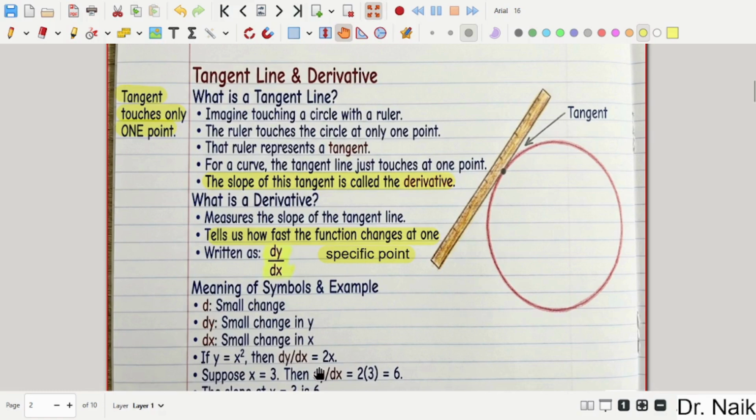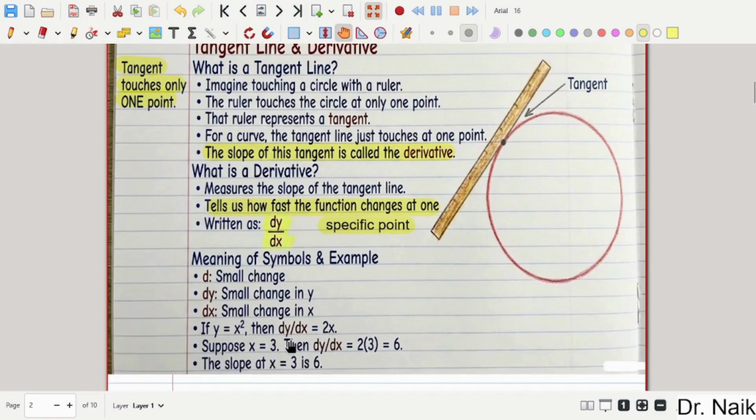If y is x square, then dy by dx is 2x. Suppose x is 3, then the derivative of y with respect to x is 2 multiplied by 3, which is equal to 6. So the slope at x equal to 3 is 6.